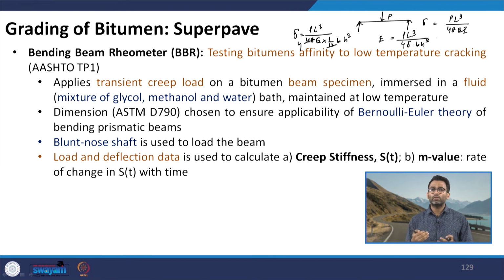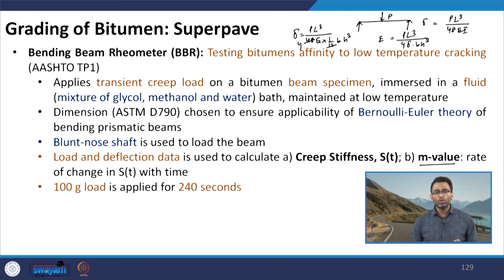Also, since we are monitoring the variation of deflection with time, we see how the rate of change of stiffness with time varies based on the deflection data, and we define a slope at a particular point which is considered as the m value. Let us see at what point we are finding it.